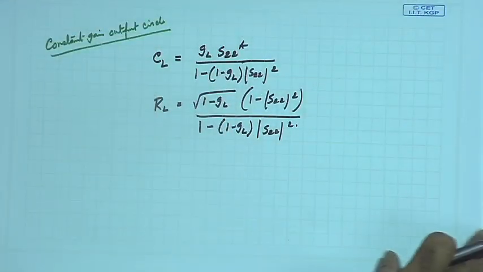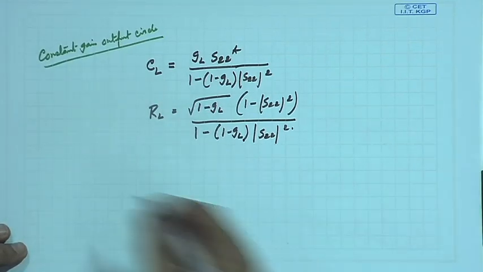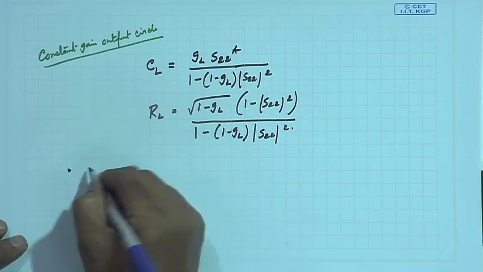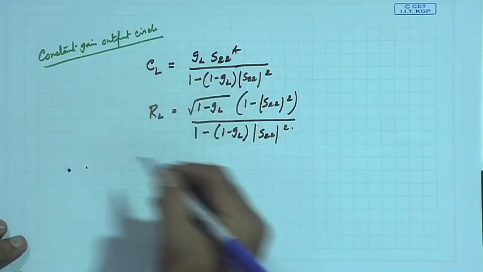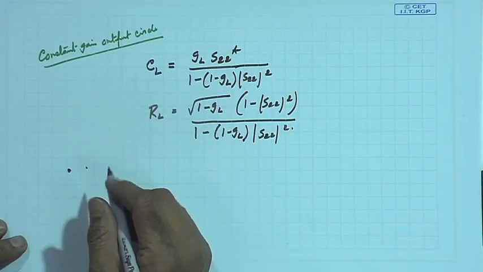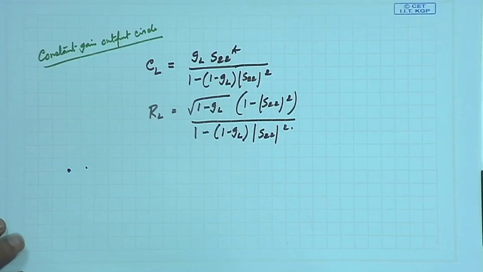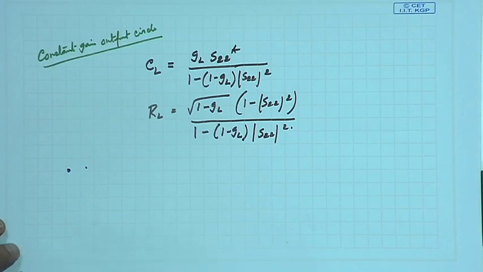You see, so from this we will see an example of how to choose, but here let us see these two, this constant gain input circle and constant gain output circle, there are some points that need to be underscored. For various given values of gains, I can have various circles, because as I said, suppose I decide input side, I am not sure whether to take 1 dB or 2 dB or 0 dB or minus 1 dB, which gain I will take.